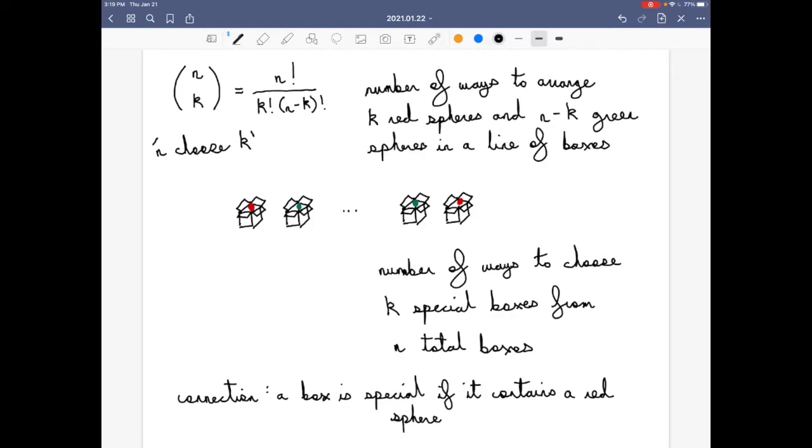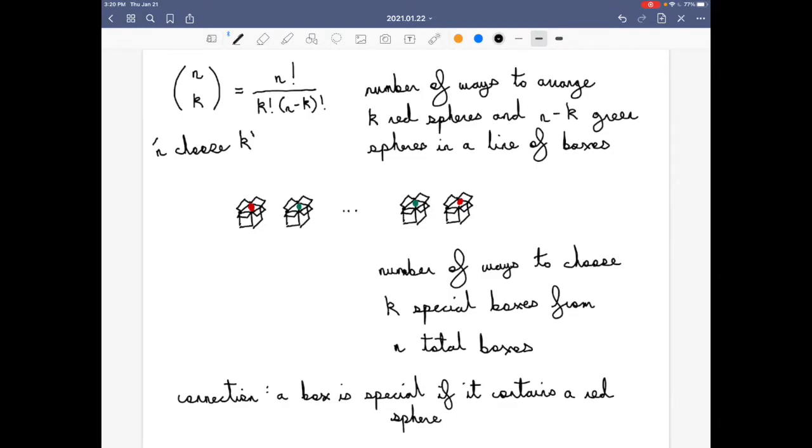I'm offering you highly specific physical analogies like red and green spheres because I firmly believe that fixing as specific a physical analogy as you can for each probabilistic concept is important, because it helps you memorize and build the logical structure in your head as you're learning it the first time.